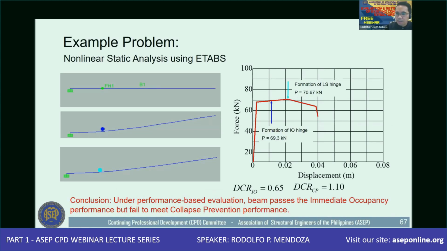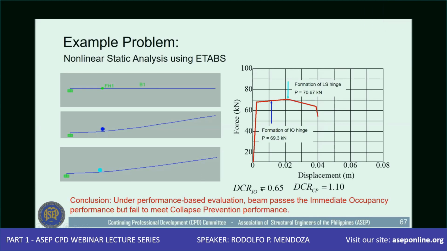Now for this beam, however, it was not able to achieve a collapse prevention performance level because after the formation of life safety plastic hinge, this beam collapsed, as can be seen by this degradation.